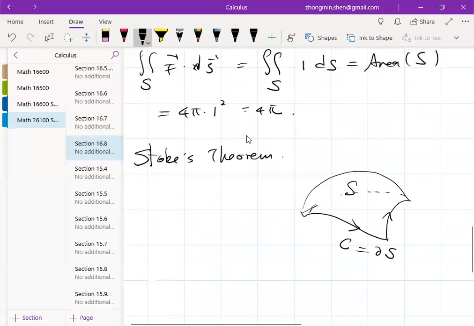C is the boundary of the S. Okay, it's oriented in that direction. So the normal vector is pointing this way. Okay, yeah, it's a normal vector.